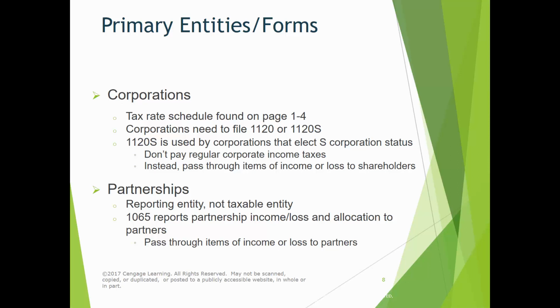So that's called pass-through income or loss. The partnership, the S corp, does not pay tax. It passes through. And each element individually passes through. So our partnership may have some capital gains. It may have some passive income. It may have some regular income. Each of those elements pass through with their own character so that we put them on our tax return accordingly.